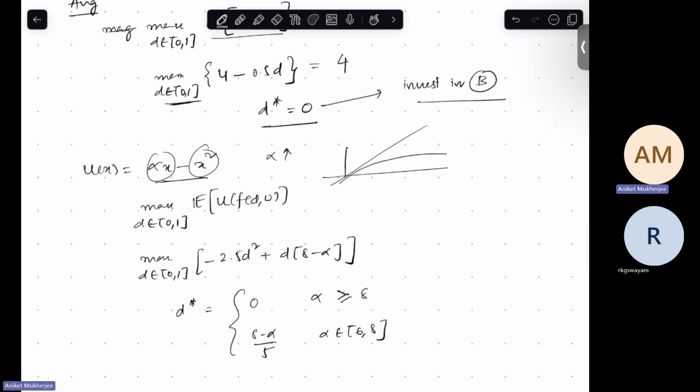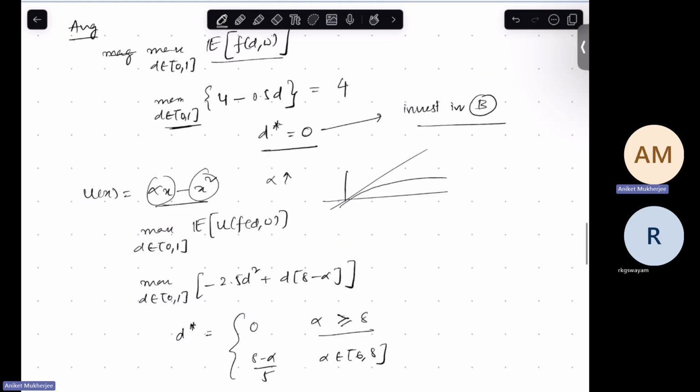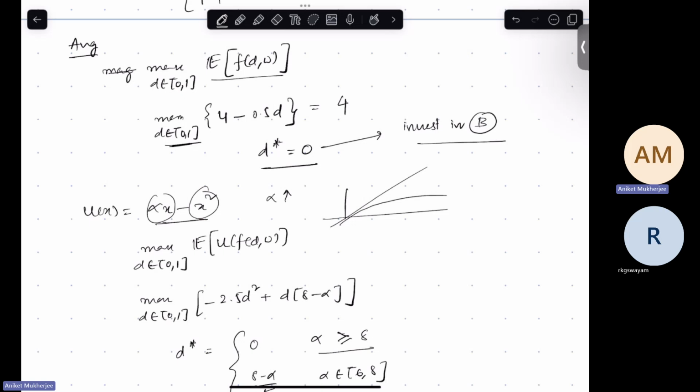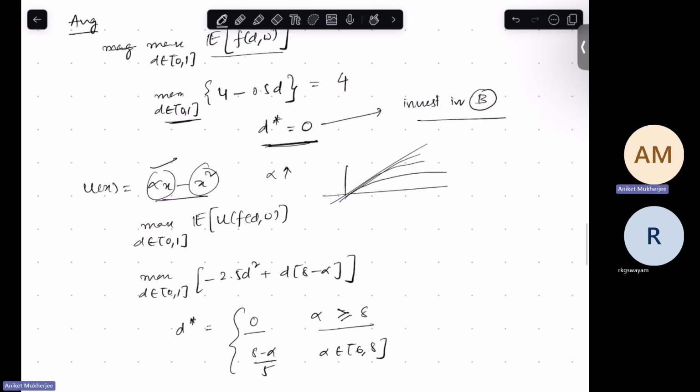So if alpha is greater than 8, the optimal decision is the same as average because your linear term keeps dominating. As you keep on increasing alpha, your utility function goes almost linear, and hence you get this type of solution.